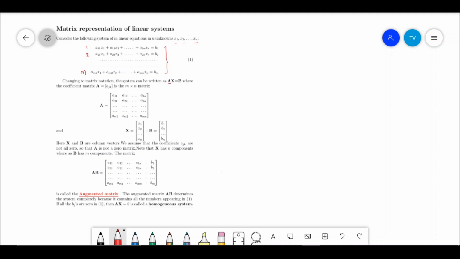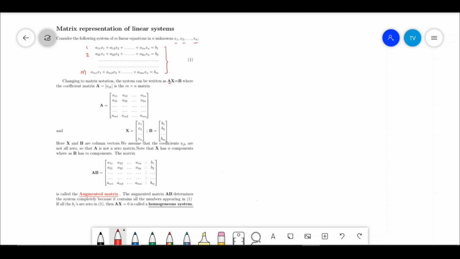Second row is a21, a22, etc., a2n, coefficients of x1, x2, etc., xn from the second equation, and so on. am1, am2, etc., amn are the coefficients from the mth equation. So the coefficient matrix A is an m by n matrix, m rows and n columns.